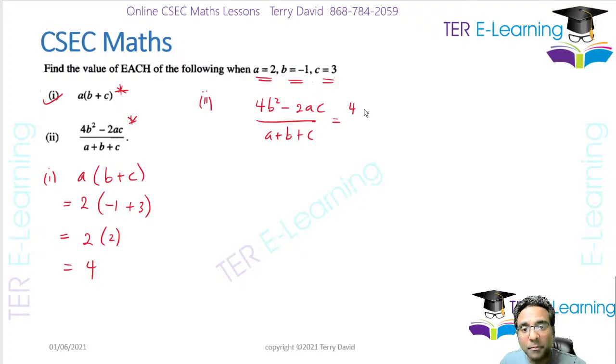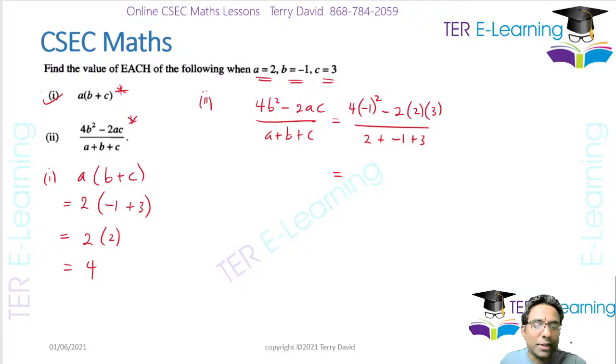It's 4 multiplied by b squared, so b is minus 1, and you're going to square that. Minus 2 multiplied by a, which is 2, multiplied by c, which is 3, all over a plus b plus c, which is 2, plus b, which is minus 1, plus 3. Before I work this out, see if you can quickly work that out for me.